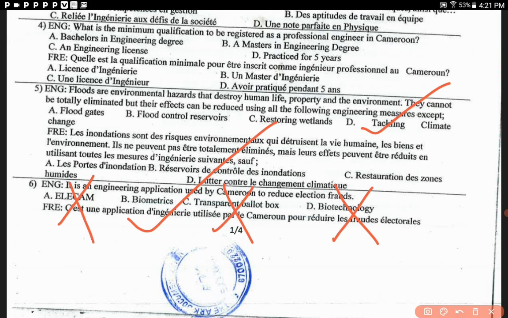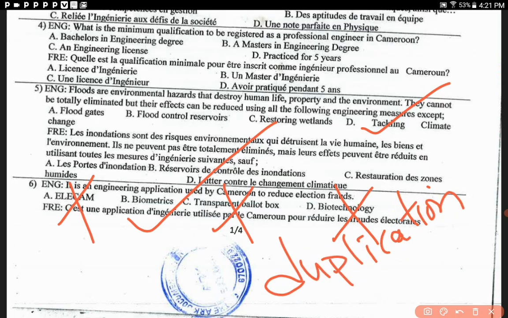So these are technological engineering solutions that are used in voters registration and also in identification. And how is this important? It reduces what we call duplication. As a result of that, you are not going to vote 2 times.